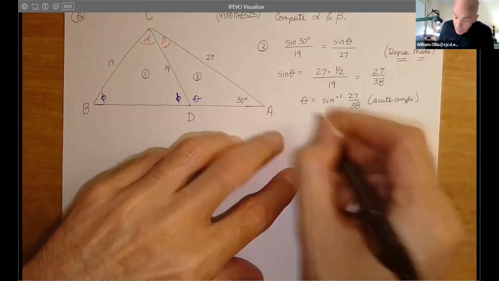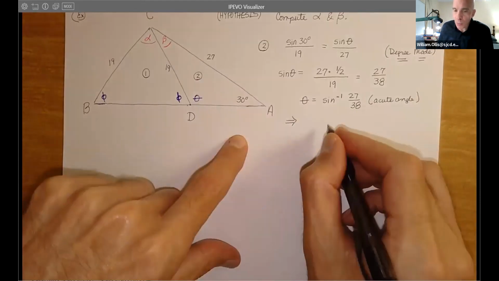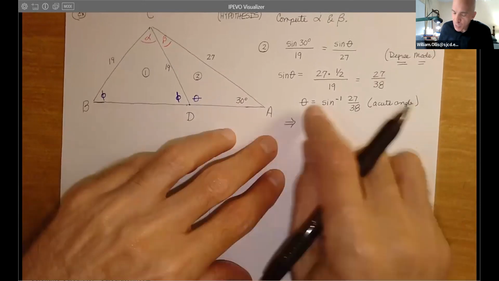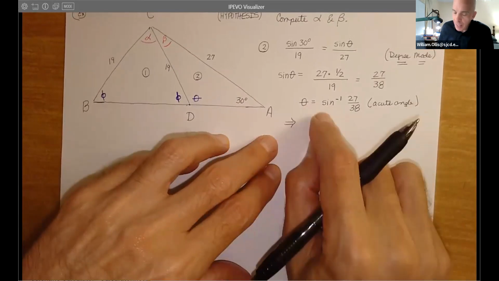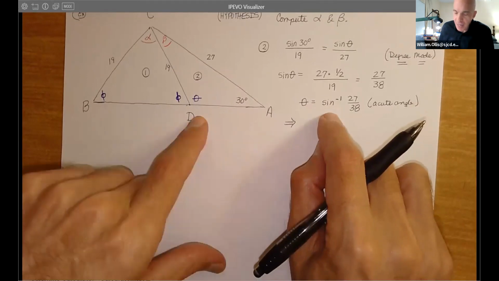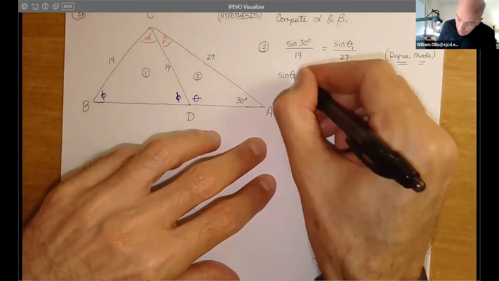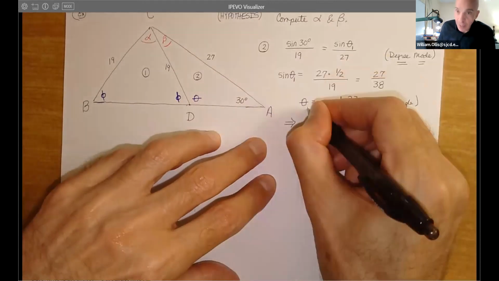So this implies, and this is where you run into issues here. You think, okay, well, this is really a theta. It's not really the theta that we want here. So when I put my theta here, I'm just going to call this theta 1, because it's really not that theta.